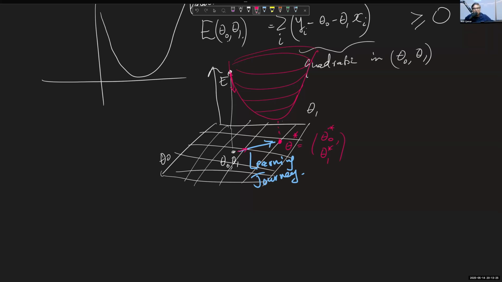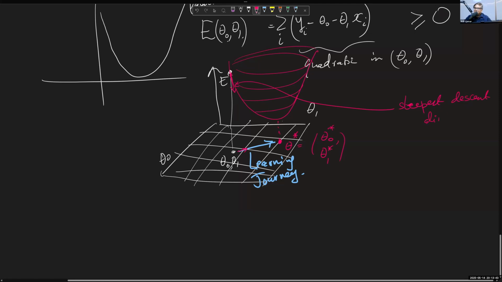So what I can do is this direction, the steepest, let me call this the steepest decline or descent. And the steepest descent direction projected onto the ground will point that vector, that thing on the ground will point in a direction that is taking us home, taking us toward a better hypothesis, isn't it?